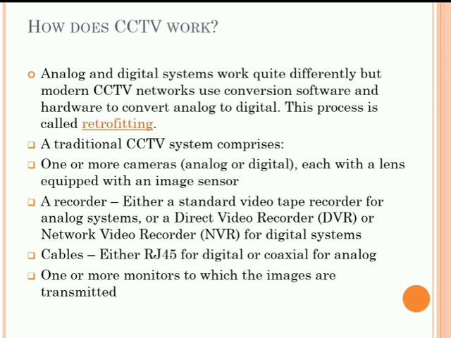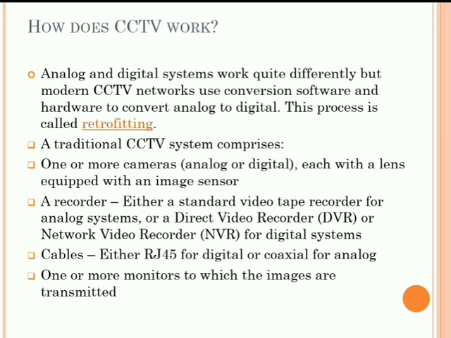Let us see in detail how CCTV works. Analog and digital systems work quite differently, but modern CCTV networks use conversion software and hardware to convert analog to digital. This process is called retrofitting.